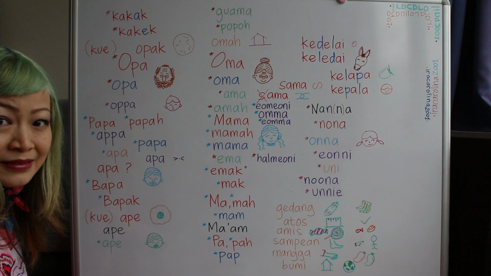But if you are female, you call a person who is old enough to be your older sister with eoni or uni.